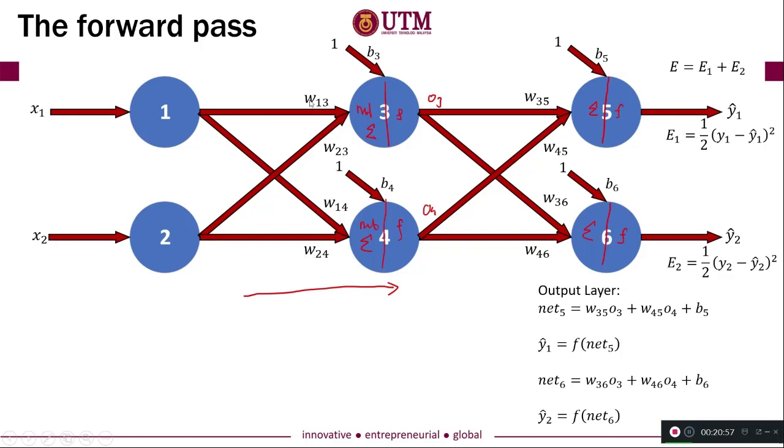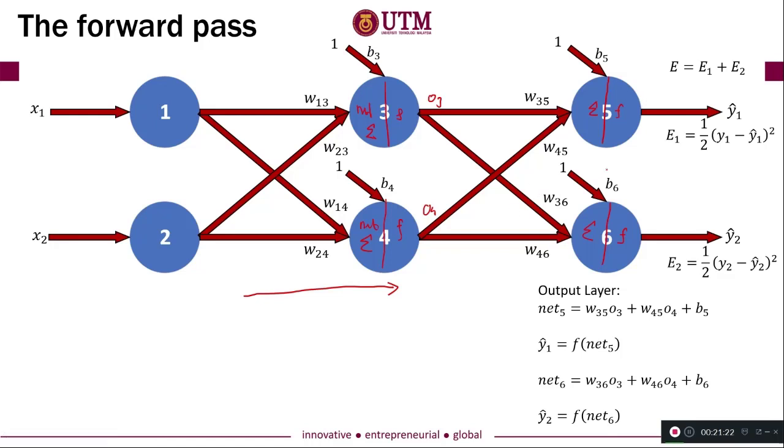So you also know the value for each W and B inside the network. Once you know the X and the W, you know how to compute your net 3, O3, net 4, O4, and then from these values, because you know your W and B, you know how to compute your O.